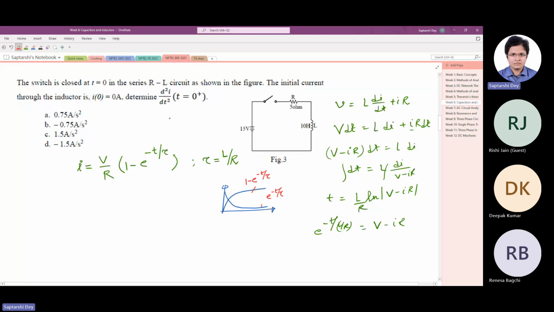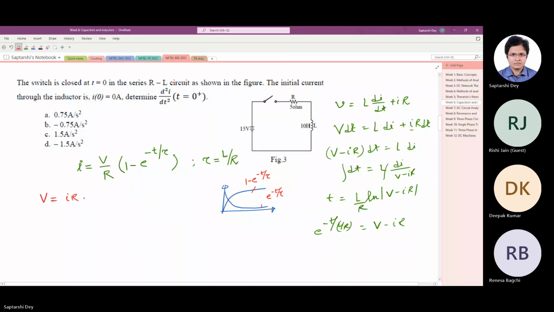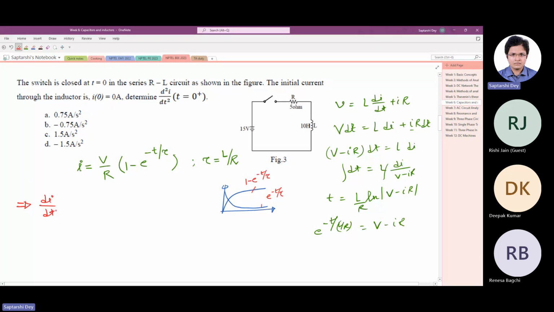Anyway, since we have to find out d2i dt2, I think we do not need to start from this. We can directly start from V equals IR plus, no, let us start from here. We have two variables. Don't worry, we'll start from here only and see if we can, although we'll get the same thing. So di dt will be V by R, that goes to 0.